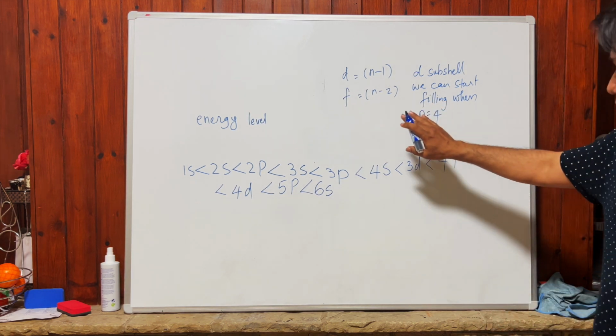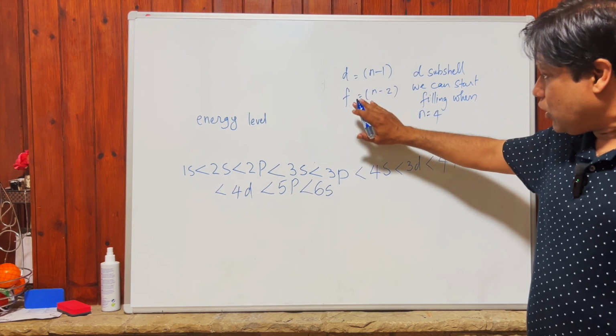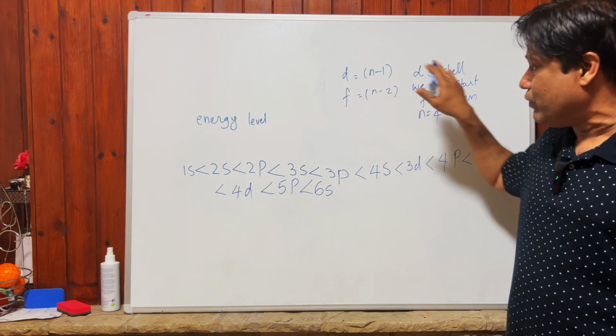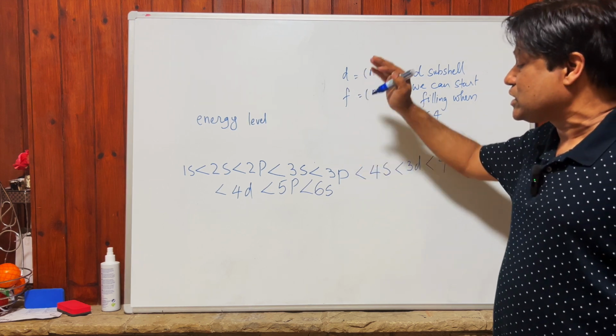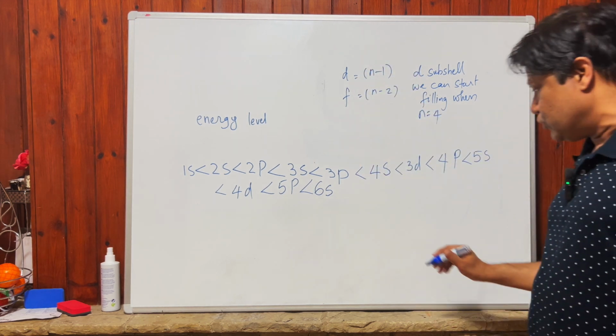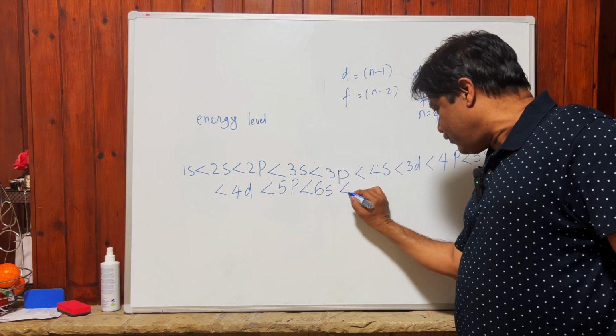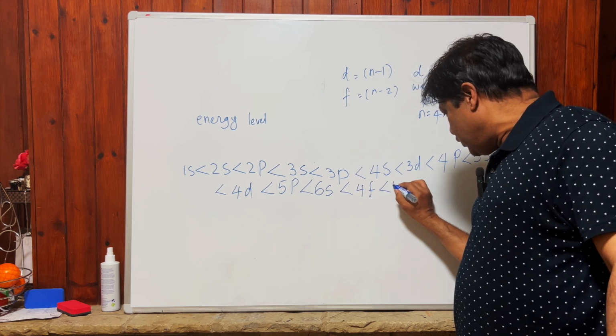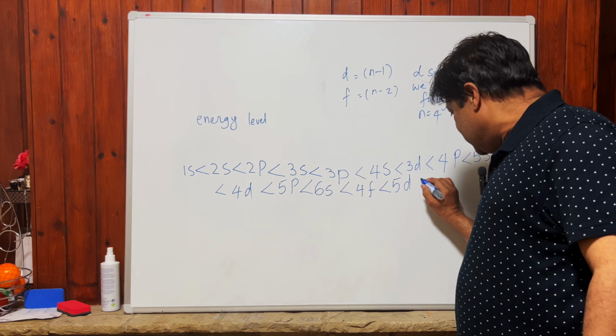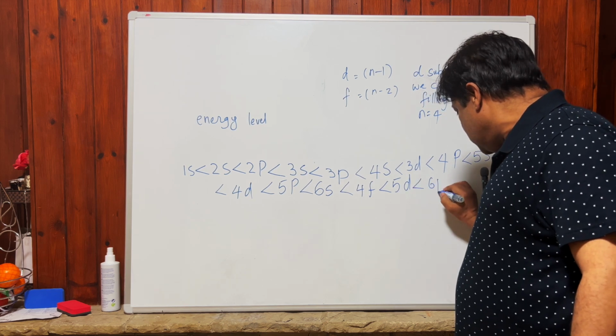So no doubt the f orbital starts from the fourth level, but we can fill it only when we move to the sixth energy level. So 6s first, then we have 4f, then we have 5d, then we have 6p.